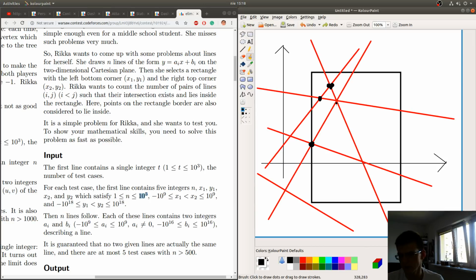Anyway, so here, here, and here, but here we have actually 3 pairs. Generally, if at some point there are a lines intersecting with each other at one place, then we add a times (a minus 1) divided by 2, because this is the number of pairs.